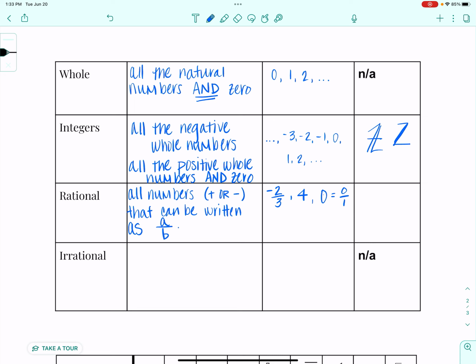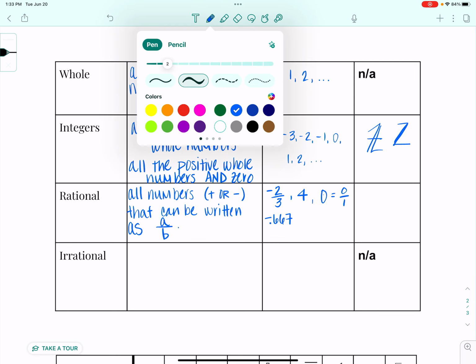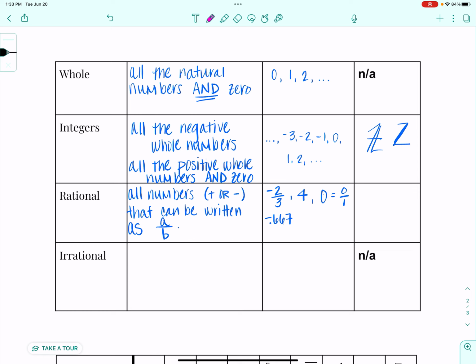You could also have their decimal equivalents. So -2/3 could be -0.667. And the thing about decimals, and I'm going to put this as a little side note over here: the decimals that repeat or terminate.